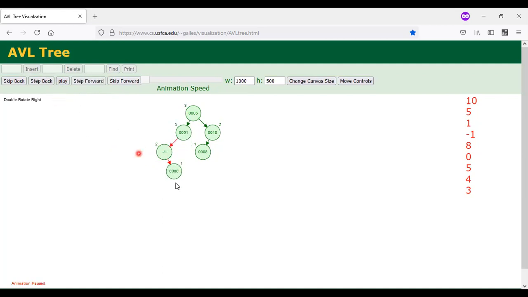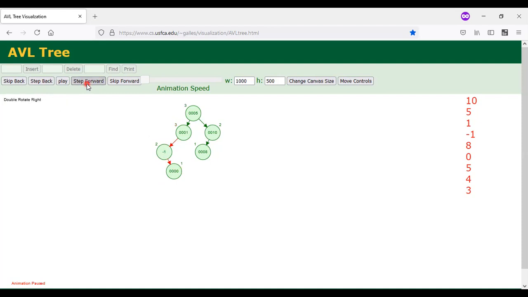Here -1 is a node and we are adding to this one. Why did we add 0 at the right side of -1? Because 0 is greater than -1, so we add it to the right side. And this tree becomes imbalanced here.